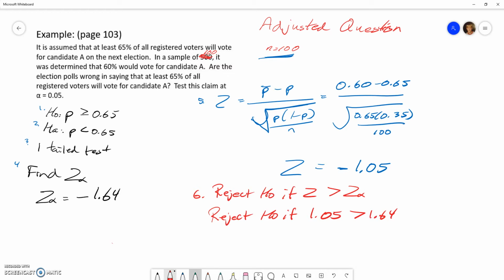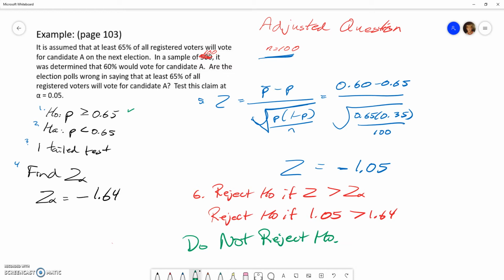So our decision here is that we have failed to reject the null hypotheses. We're going to write the opposite statement: do not reject the null hypotheses. This means that we can't cross this statement out. We're not going to say that it's true. And that's the reason I did this secondary adjusted question.